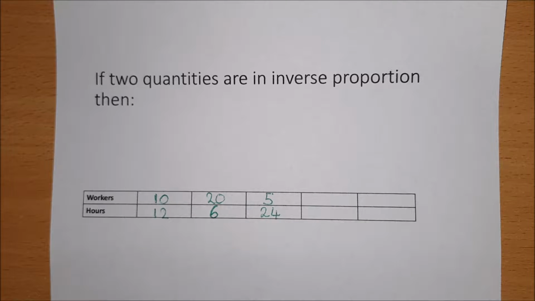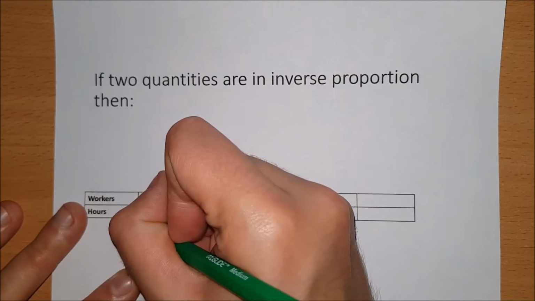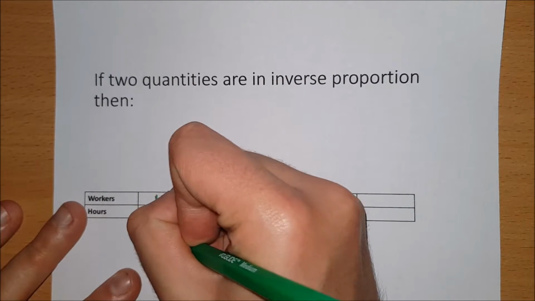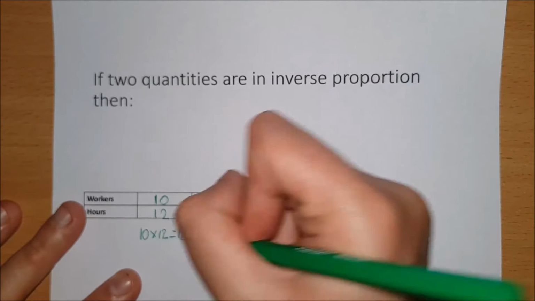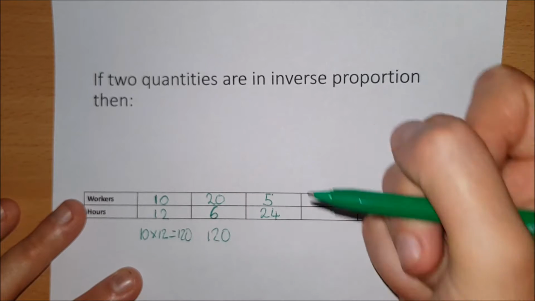Now, in the other video, we tried to find a link between the two rows, and for direct proportion, we divide the bottom row by the top row, and it gives us our value of k. So we want to find something that's going to be constant across all of these. See if you can spot that just by looking at the numbers. If you haven't spotted it, 10 times 12 is 120. 20 times 6 is also 120.